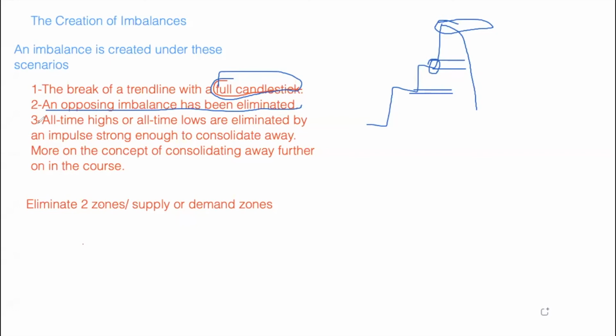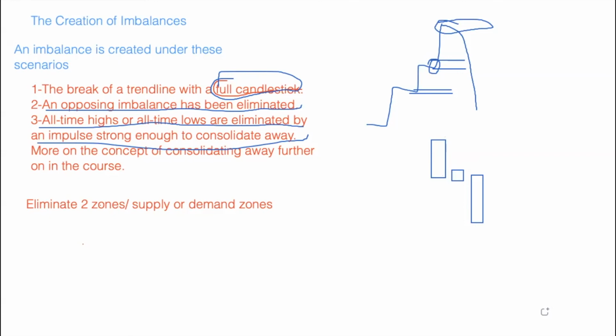And then the other one is that all-time highs and all-time lows are eliminated by an impulse strong enough to consolidate away. Usually here, I'm referring to pauses, okay? So pauses on the market will give you entry points, okay?